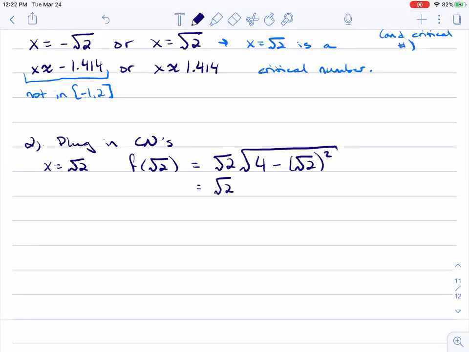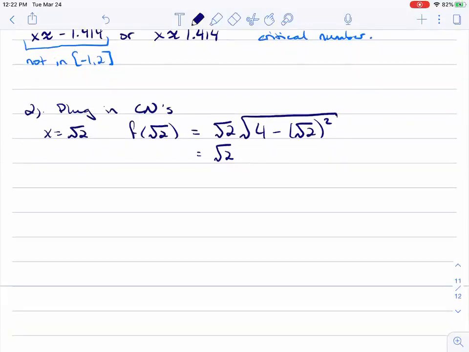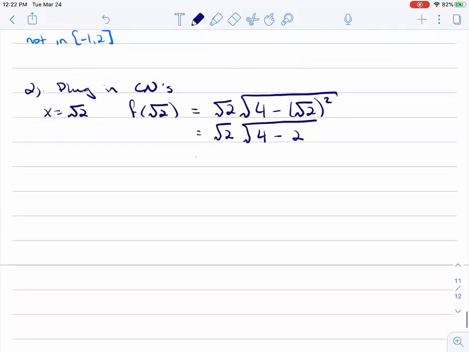This becomes root 2, and then times the root of 4 minus root 2 squared is just 2. So we get root 2 times root 2, which is just 2. So that's the function evaluated at root 2 is just 2.